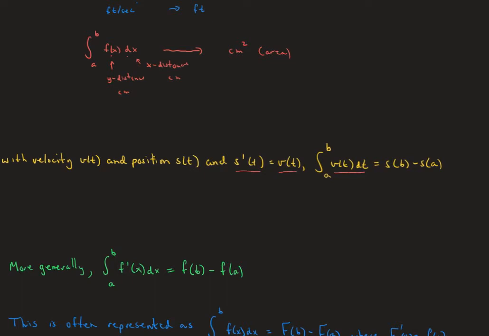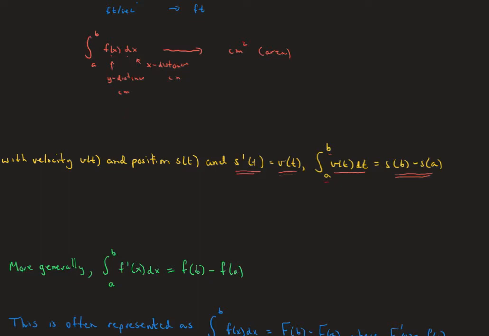So the net change in position from time a to time b is s of b minus s of a. You can see a relationship here between a derivative of a function and the value of the function. And that's what we're trying to really build on here.